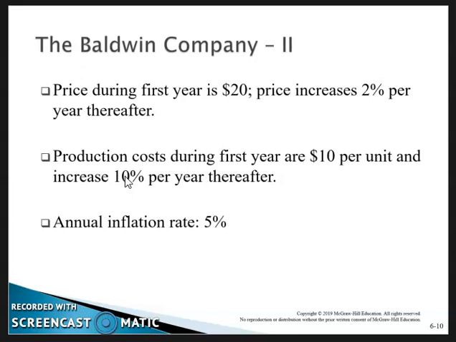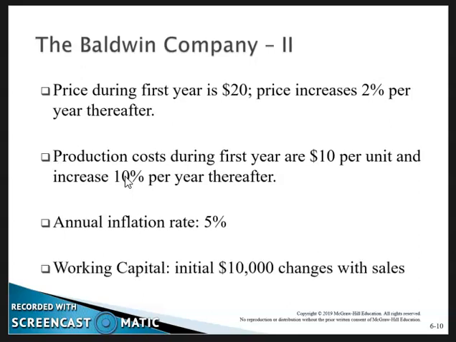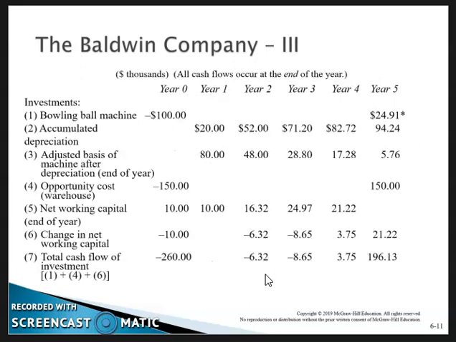They also tell us that working capital changes with sales, but they don't tell us how it's calculated, so don't worry about those calculations. You won't see a project where the working capital changes in any periods other than year zero and the last period.